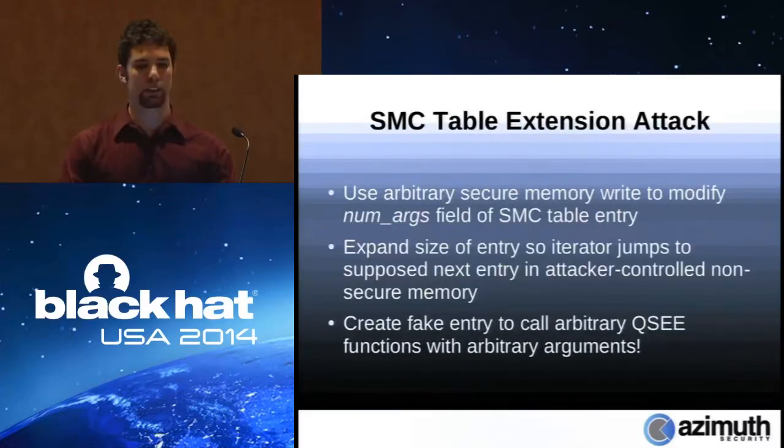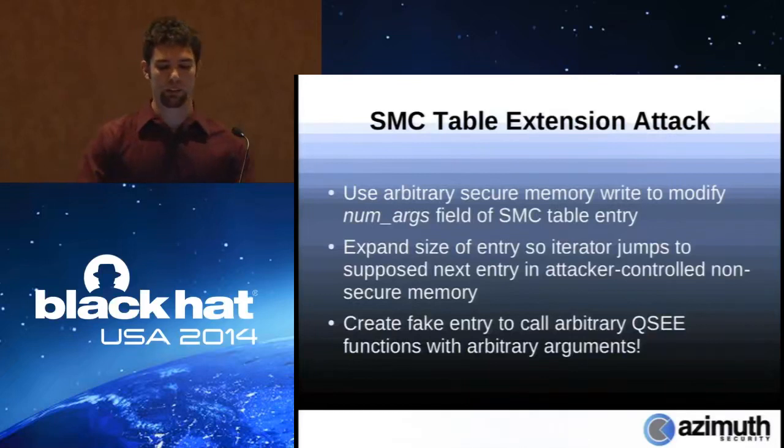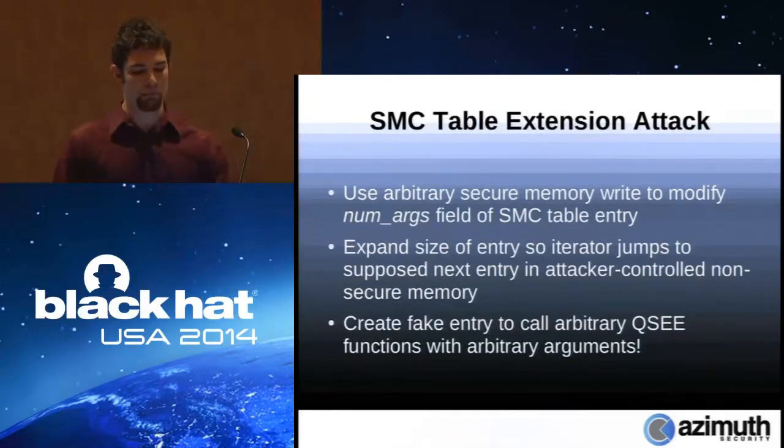So I ended up using the ability to write essentially arbitrary data to arbitrary QSEE memory to create what I call an SMC table extension attack. So I actually use arbitrary secure memory to modify the number of arguments field in one of the SMC table entries rather.